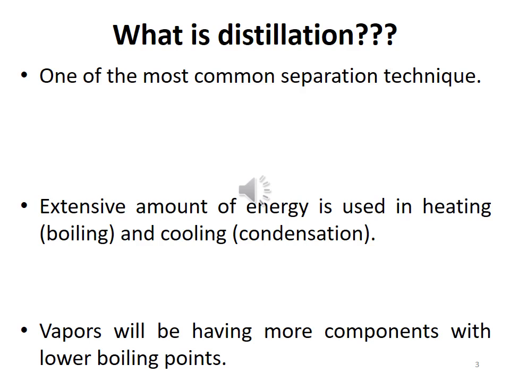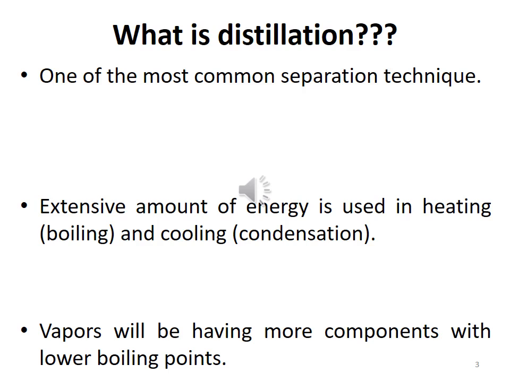So the process of distillation actually uses the difference in the boiling point of the components in the liquid mixture by forcing one of them into the gaseous state. So this process of distillation is based on the fact that the vapor of a boiling mixture will be richer in the components that have lower boiling points.